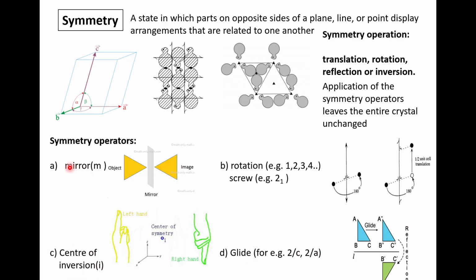I have discussed each of these operators in the last video, so if you look on YouTube, you will find it. While discussing it, I said that with a rotation, one object is connected to another through a rotation. If you rotate this object 180 degrees, you will find another object in the crystal.